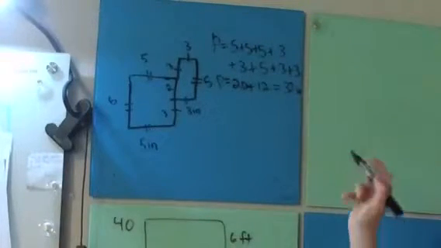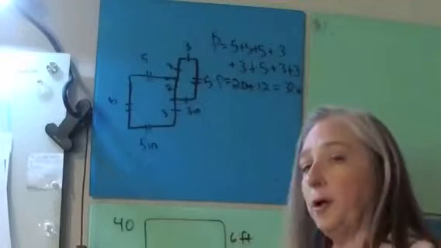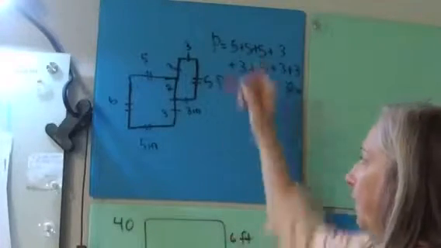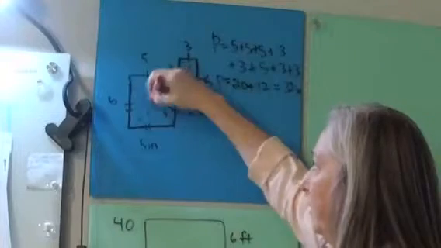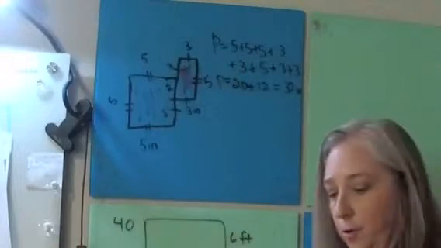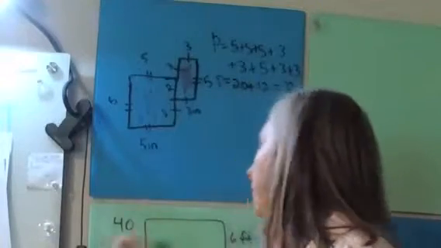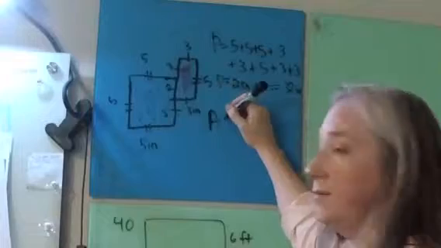But part of what we had to do is figure out what those side lengths were. All right, the other part they want is for us to find the area. So I'm going to find the area of these separately, the area of this small piece and the area of the larger square, and I'm going to add those together. Okay, so the area is going to be the area of this square, which should be 5 squared.